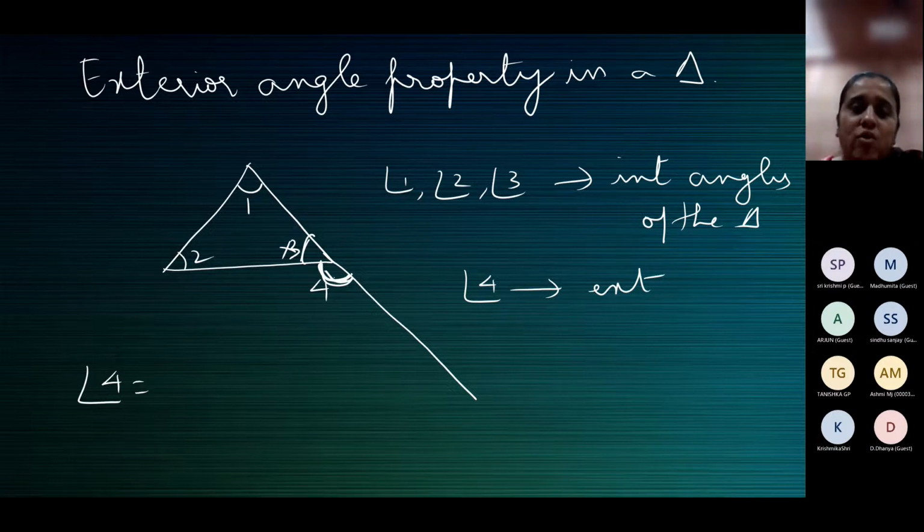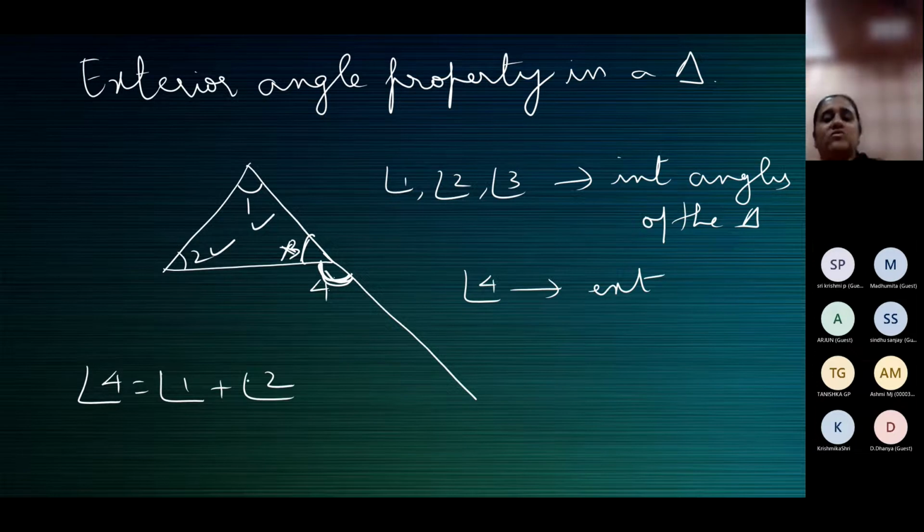So leave that angle 3, which is next to 4. Angle 4 is equal to angle 1 plus angle 2. This is what is called the exterior angle property in a triangle.